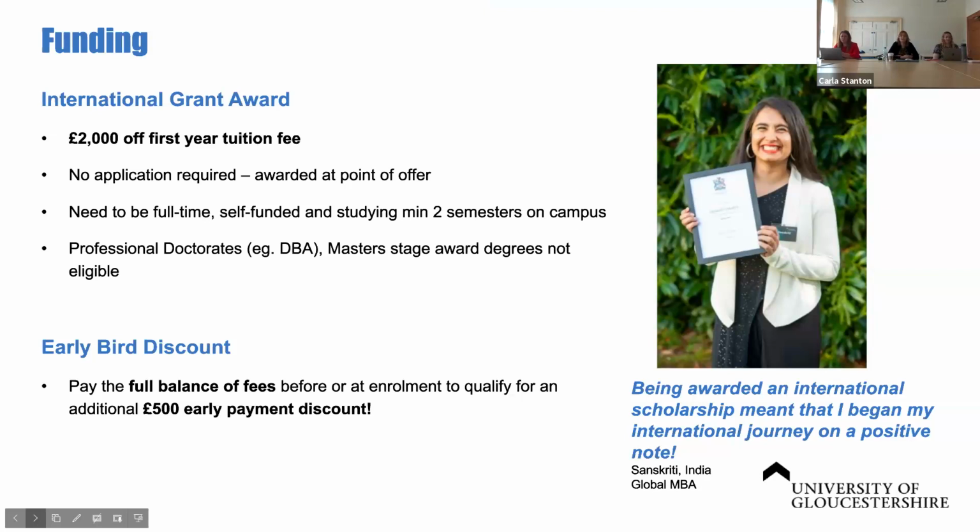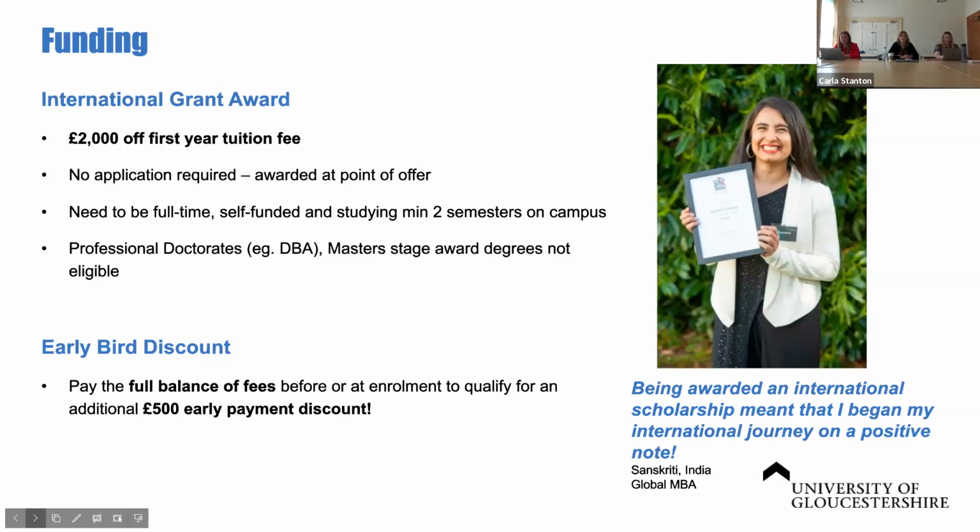Students do need to be studying with us on a full-time basis, be self-funding, and studying for a minimum of 2 semesters on campus to be eligible for these awards. And there are a couple of courses that aren't eligible, for example, master stage awards and professional doctorates like the DBA.